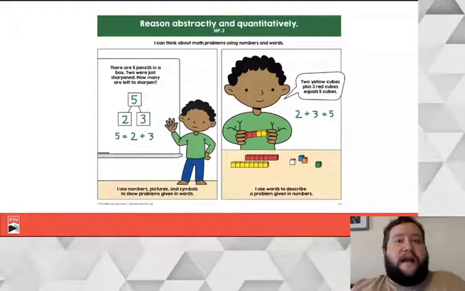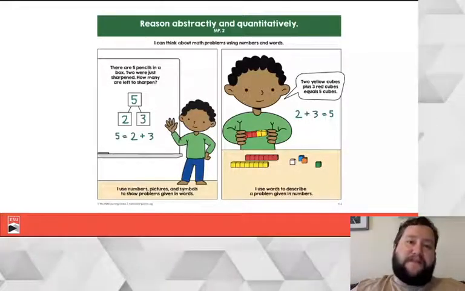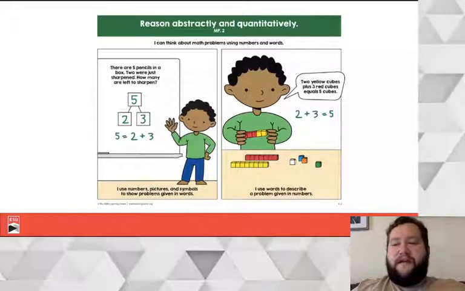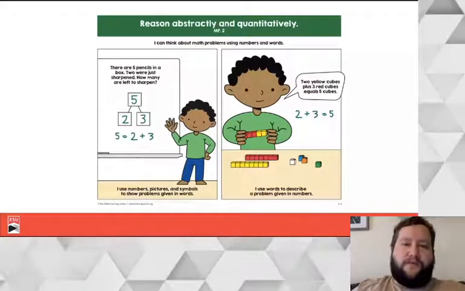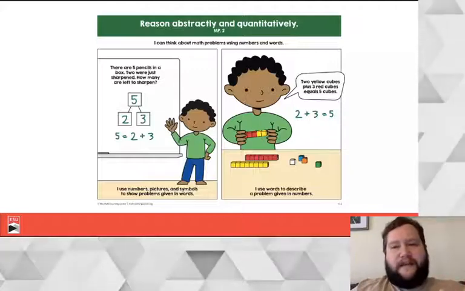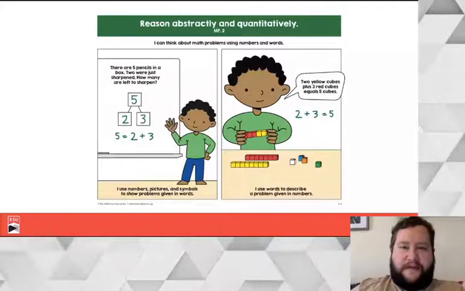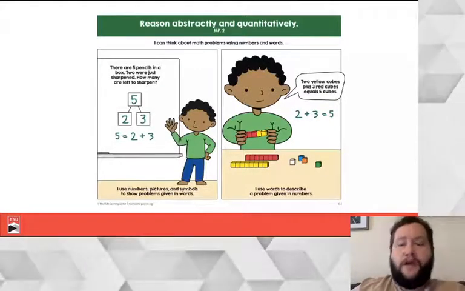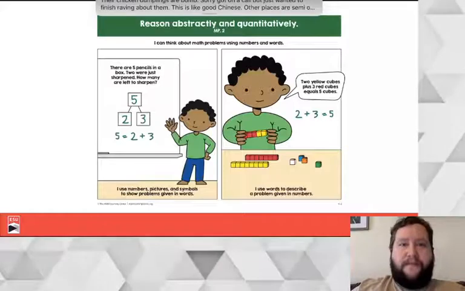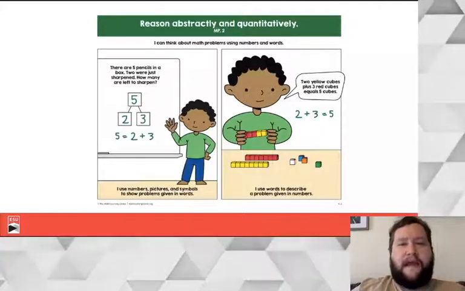And then we're able to reason abstractly and quantitatively. And so these 8 standards, which I'm kind of going through now and then we'll retouch on throughout the semester, are instead of content specific, like you need to learn to add multi-digit addition up to 1,000, regardless of the content we're looking at.